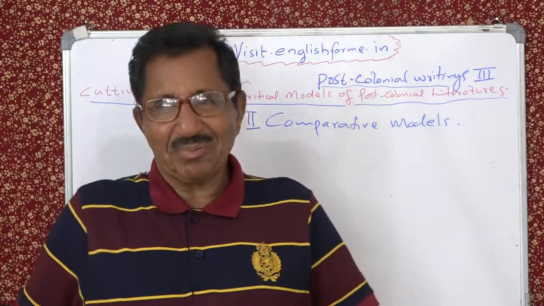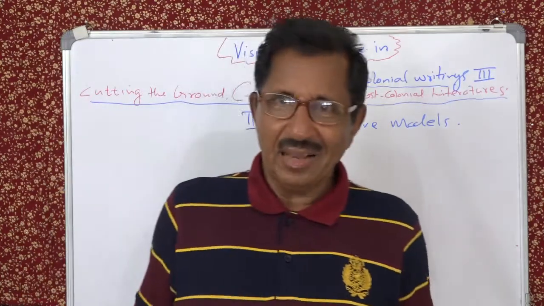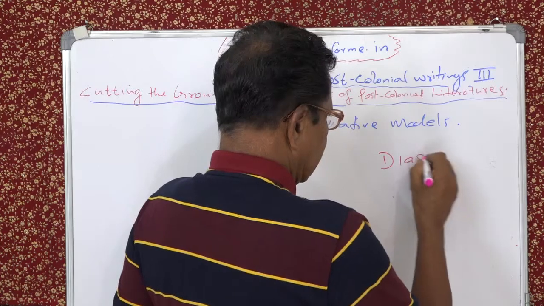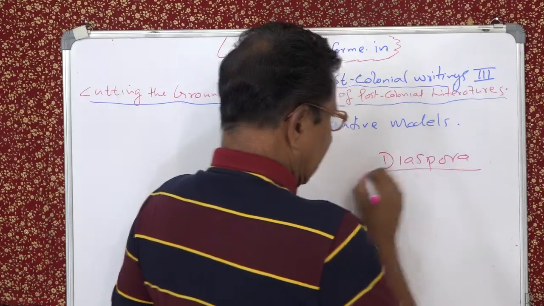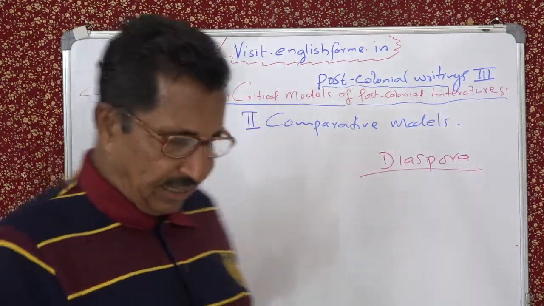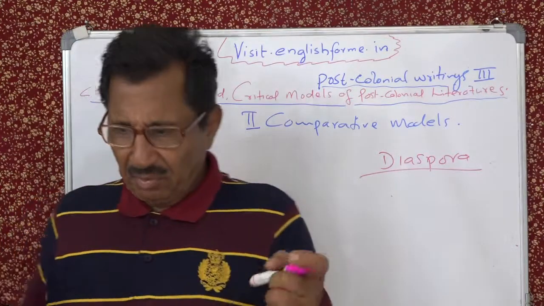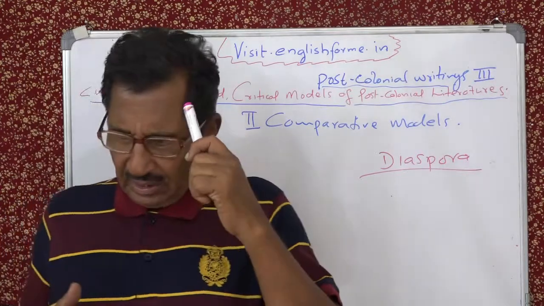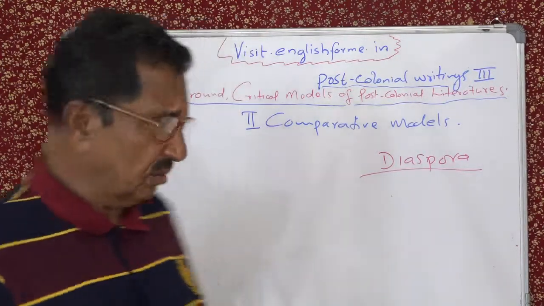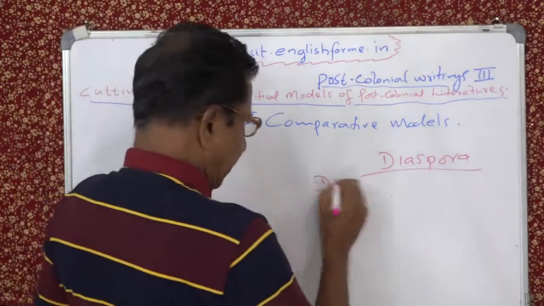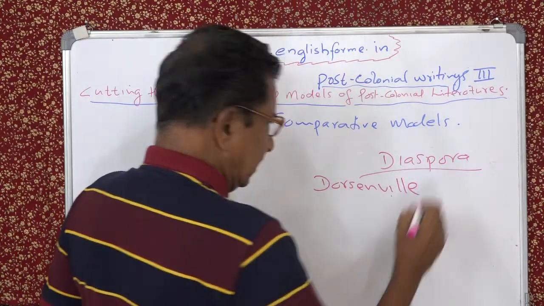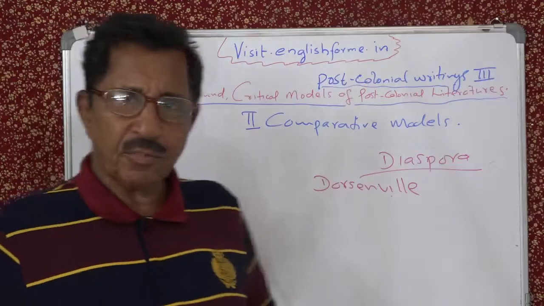So generally now it's an accepted meaning: diaspora means settlement. So black diaspora and white diaspora. So it's a famous book by Dawsonville. It's a very famous book, and the title of the book is Caliban Without Prospero.